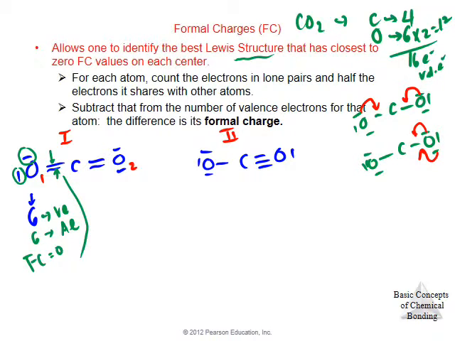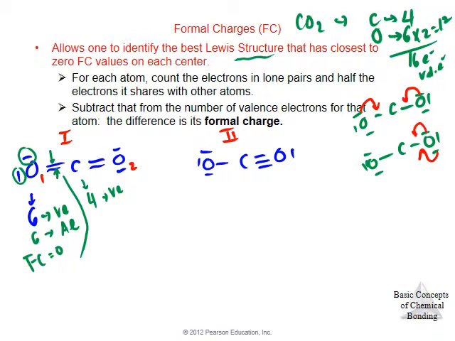Now let's calculate formal charge for carbon. First get the valence electrons. 2s2 2p2, that's 4. 4 valence electrons, that means it's supposed to have 4 electrons. In this structure it has 4 electrons because there are 4 bonds, 2 on each side.